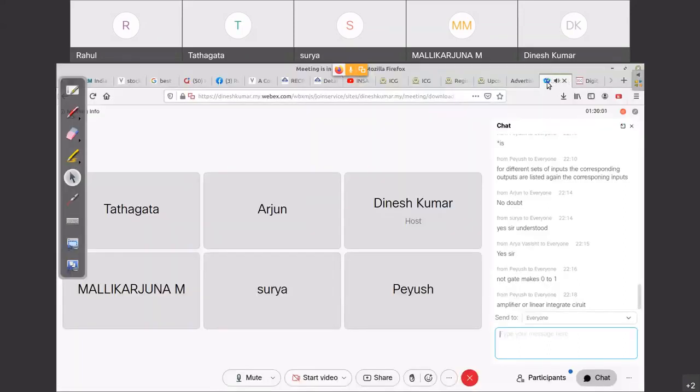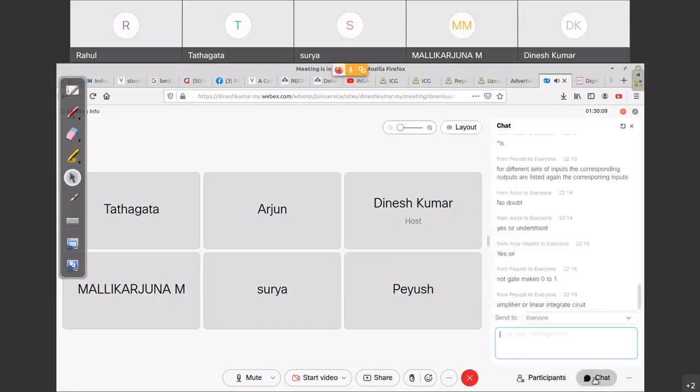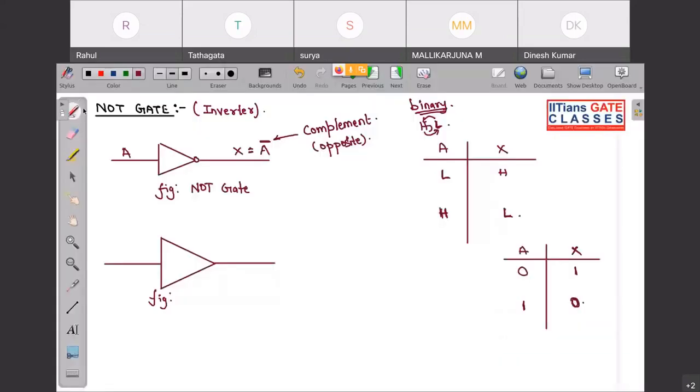Amplifier to linear integrate circuit. I am not asking in analog circuit. Can you tell me in digital? In digital, this is known as buffer circuit. Now what is this buffer circuit?